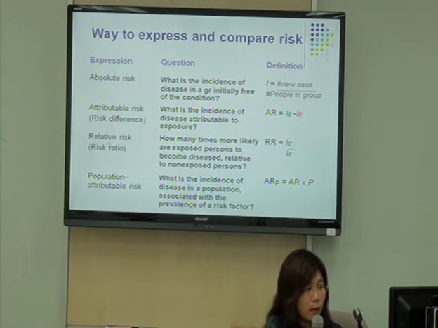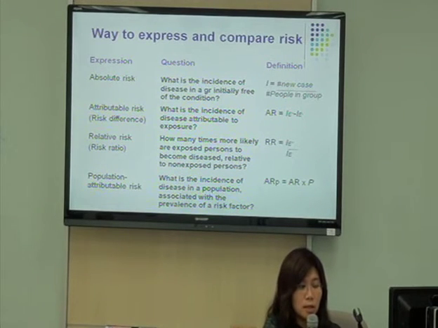When we talk about relative risk or risk ratio, it asks how many times more likely an exposed person is to become diseased relative to a non-exposed person. So this is the formula. And also population attributable risk: what is the incidence of disease in the population associated with the prevalence of risk factors?